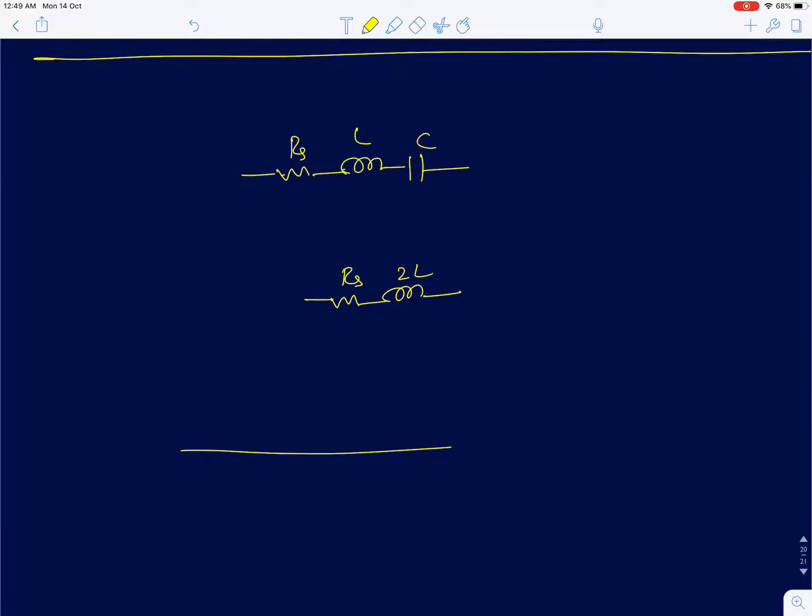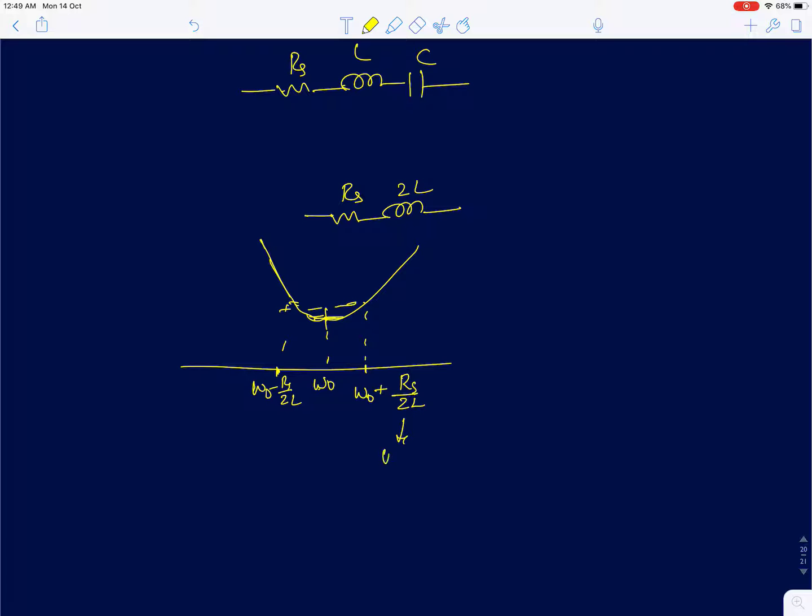This is for frequencies closer to the resonant frequency. Its impedance is going to increase to infinity in either direction, but near the resonant frequency it's going to behave like this. And the point where the 3 dB bandwidth occurs, this is true for large values of Q, is omega naught plus Rs by 2L and omega naught minus Rs by 2L, which is nothing but omega naught by 2Q.